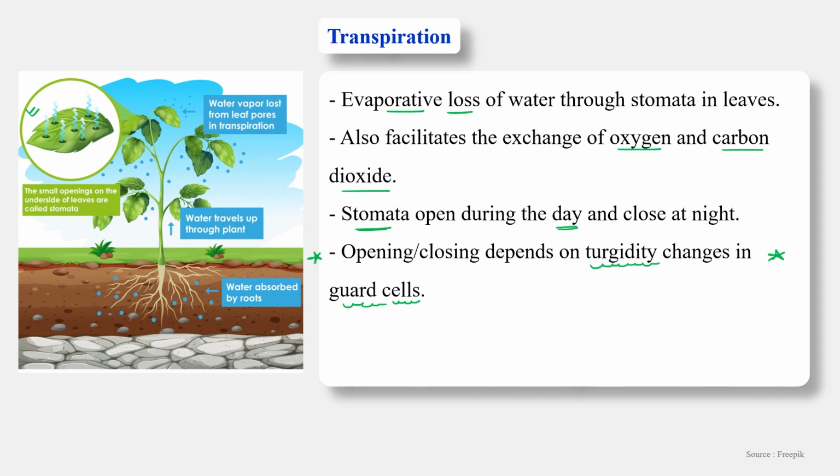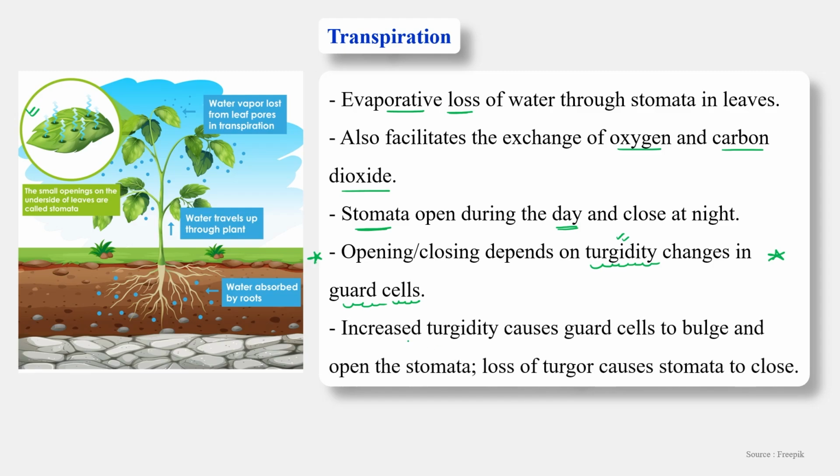Okay, for this movement, closing and opening of stomata is mainly responsible. When it will close and when it will open actually depends upon the turgidity change of the guard cell.